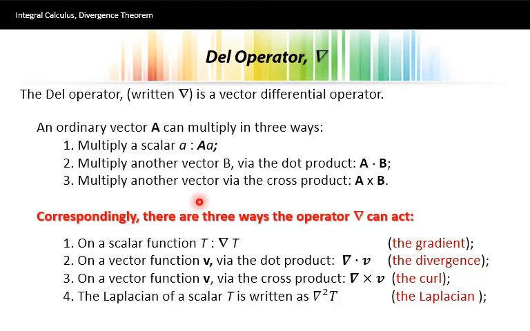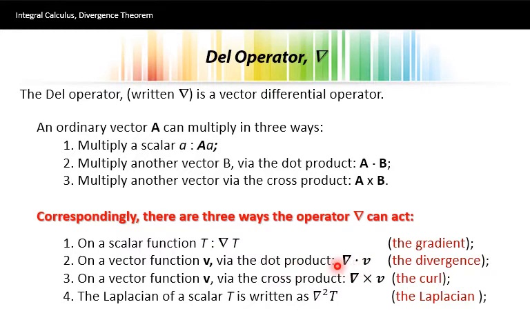We have three different ways that the operator del can act. It can act on a scalar function, so del T. This action has a specific name called the gradient. The del operator can act on a vector function V via a dot product.